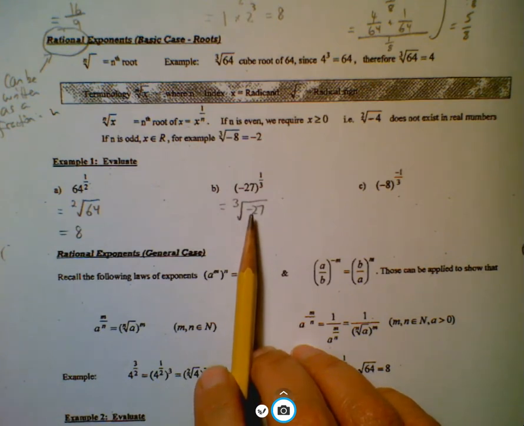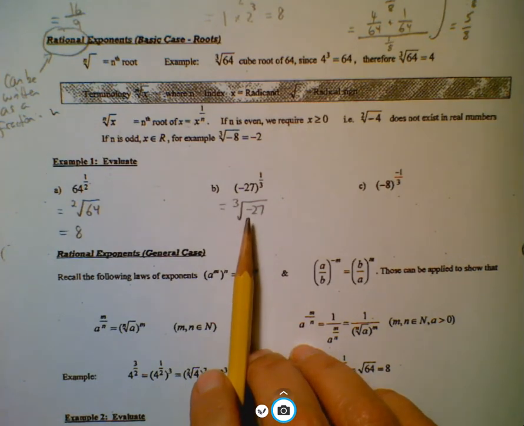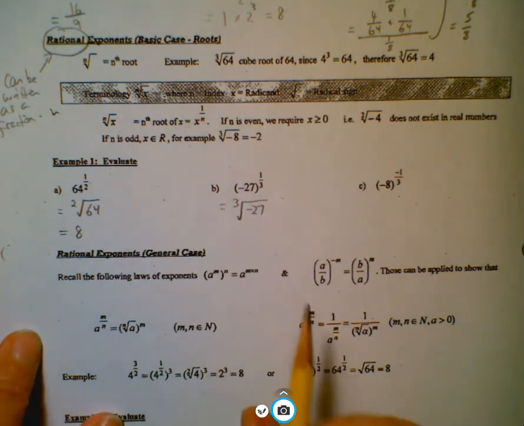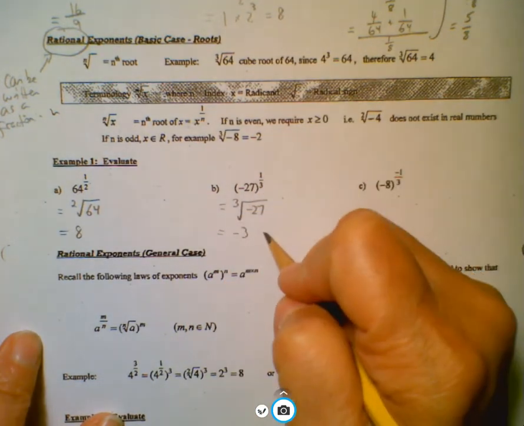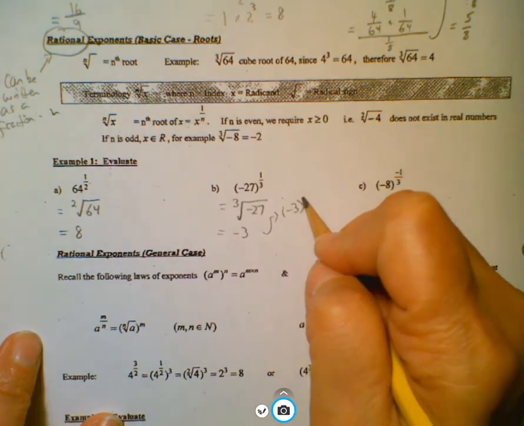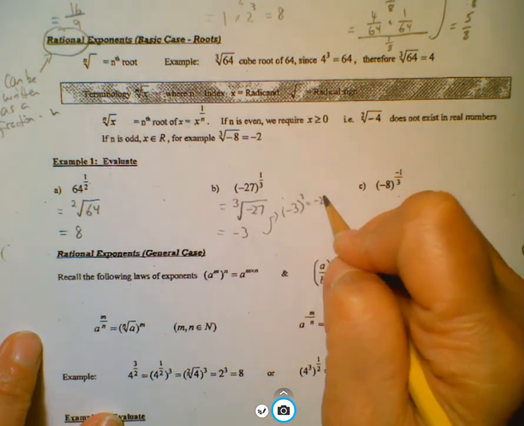So I'm not looking for 2 numbers that multiply to give a negative. I'm looking for 3 numbers that multiply to give a negative. And that will happen when that number is negative. So the cube root of -27 is -3 because -3 to the exponent 3 is -27.